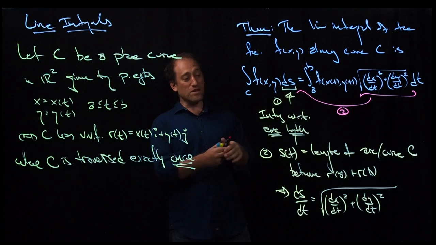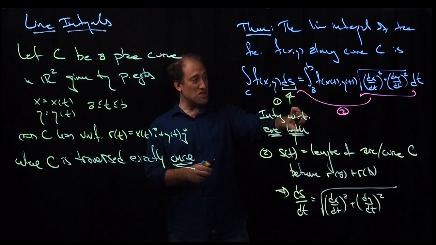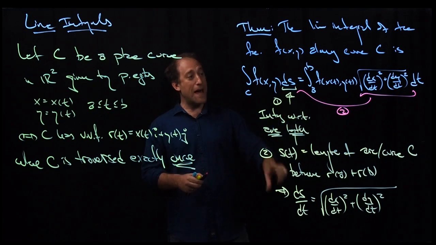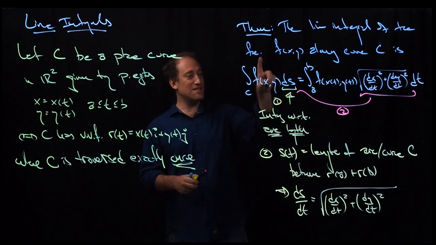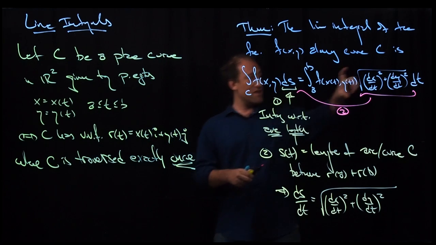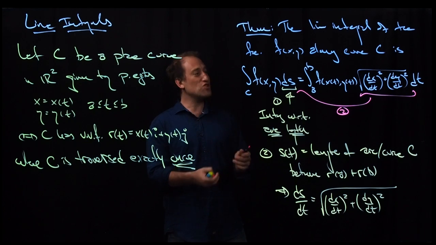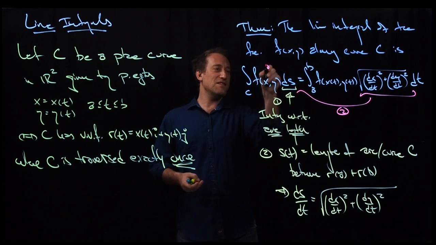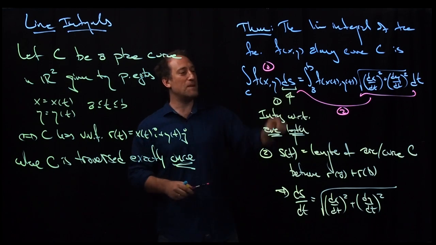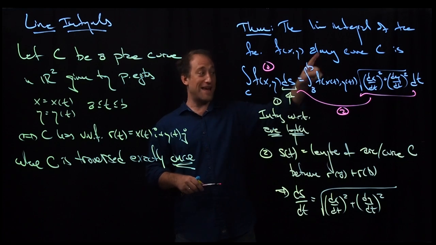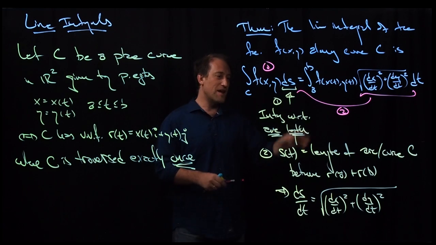Namely, first, you're integrating with respect to arc length. That means that the ds is replaced with this massive thing over there. I suppose I should put that the zeroth or obvious step is that you replace x and y with x of t and y of t. I'll get to that in a moment.